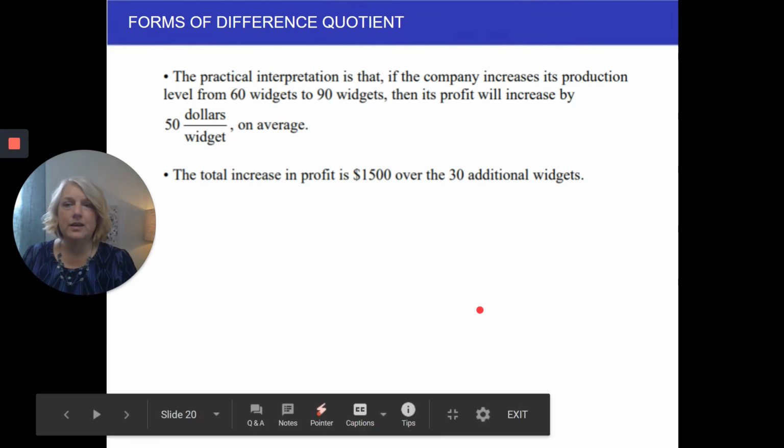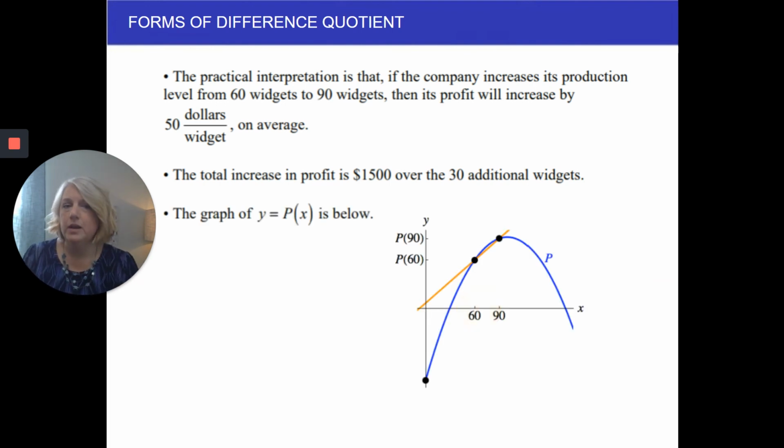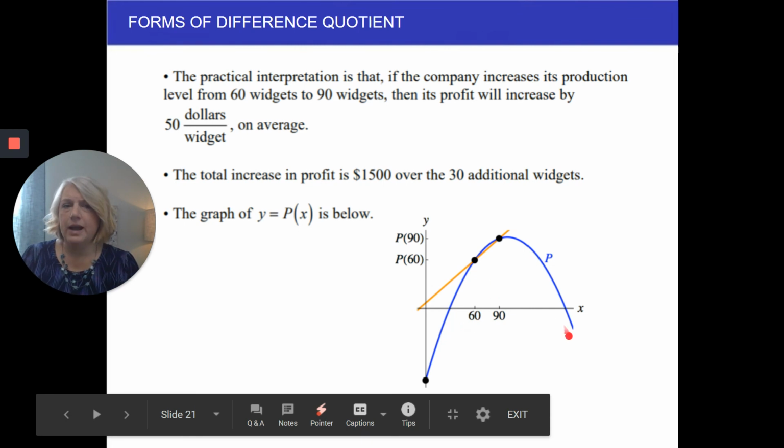Now, again, that doesn't tell you that, it may be that when you add the first maybe 20 widgets, you're gaining a lot more than $50 per widget, but then maybe you start to lose money. So the average rate of change is great for getting an overall view, but it may not tell us everything about the problem. This is just an example graph.